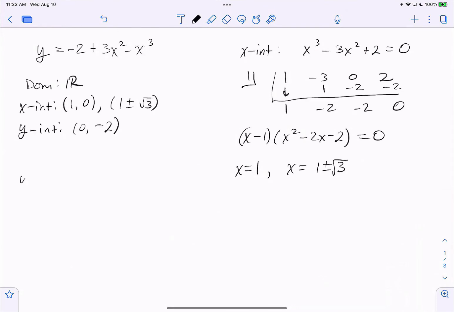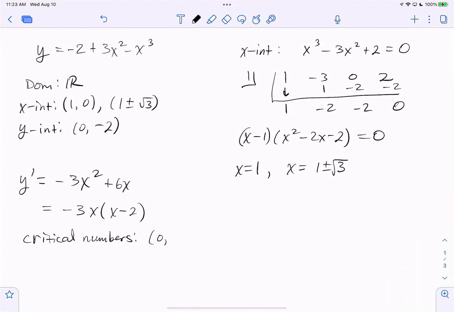Let's move on to its derivative. Y prime is equal to, I'll put it in descending order, -3x squared plus 6x. In order to find critical numbers, I'm going to factor out, say, -3x. That's going to leave me with x minus 2. And so my critical numbers are 0 and 2. Using these, I can find intervals of increasing and decreasing.